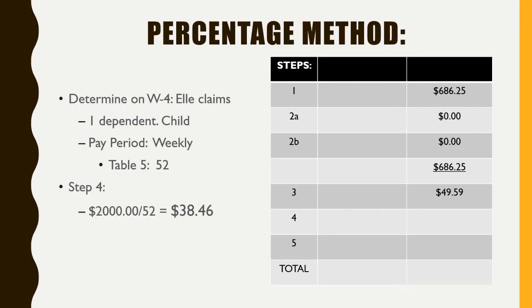Okay. So again, I did a typo here. It's going to be $38.46. All right. And that's going to go against your paycheck, or in this case, against the deduction for the federal income tax withholdings. Okay. Now, back then, children were taken out prior, before taxes.